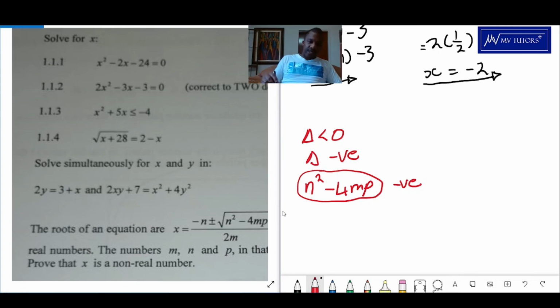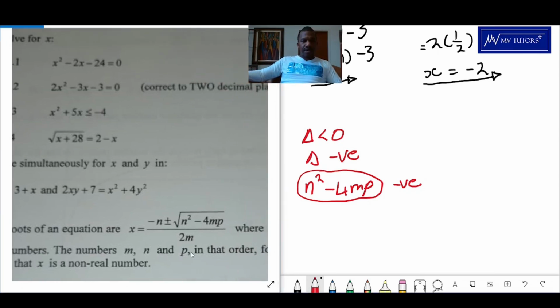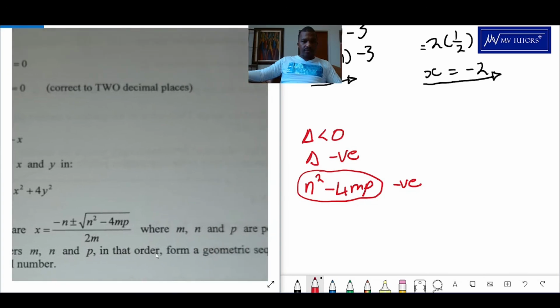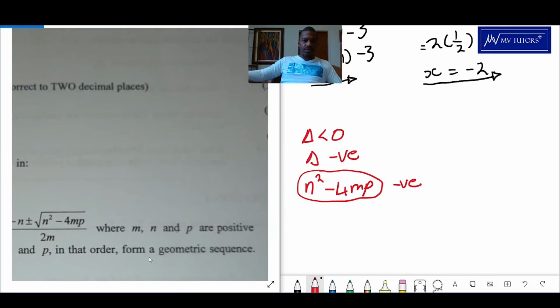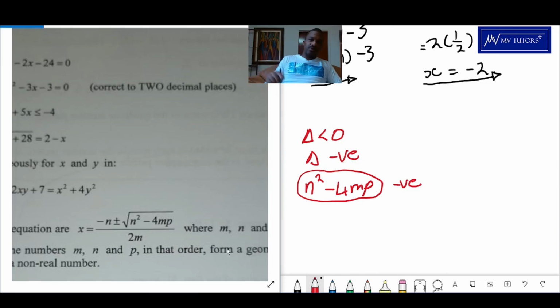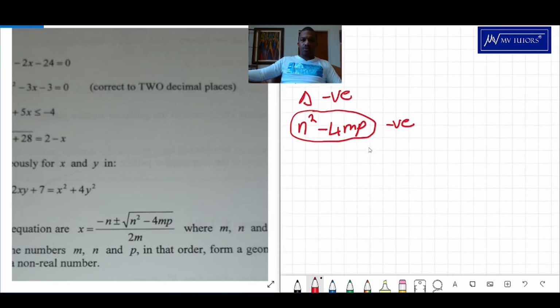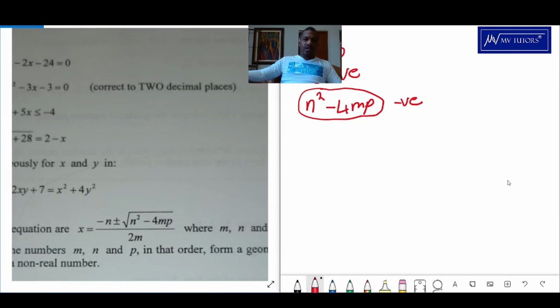Now let's go get some clues from the question. They say the numbers m, n, and p in that order form a geometric sequence. And what do we know about geometric sequences? Let's put this m, n, and p.